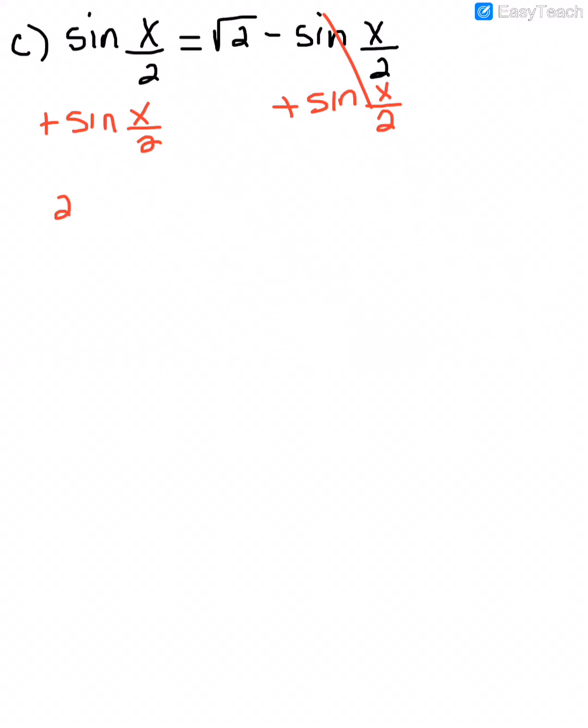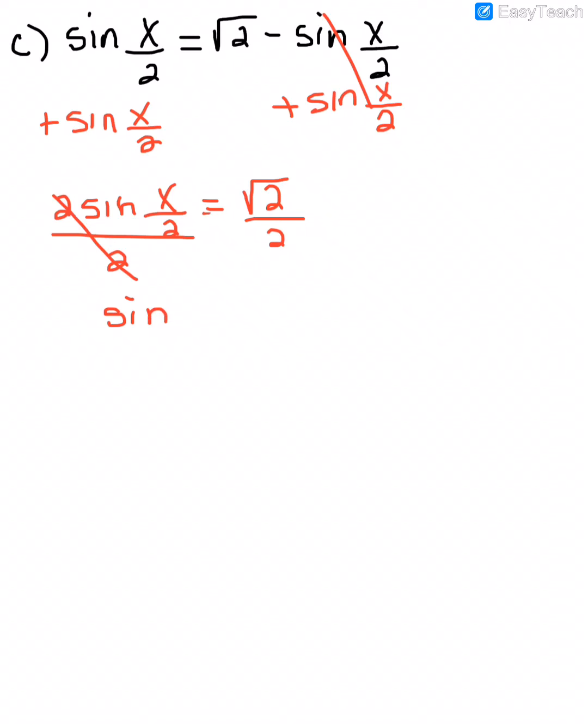So that gives me 2 sine of x over 2 is equal to the square root of 2. Now we want to solve for x, so I'm going to divide both sides by 2. That gives me sine of x over 2 is equal to the square root of 2 over 2.